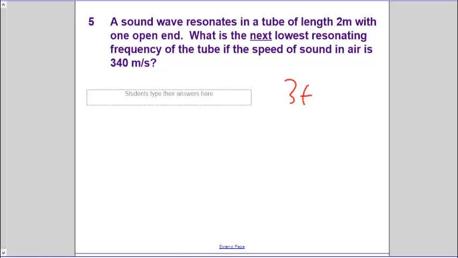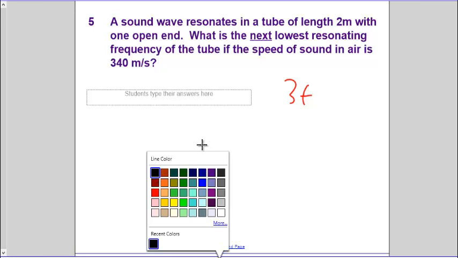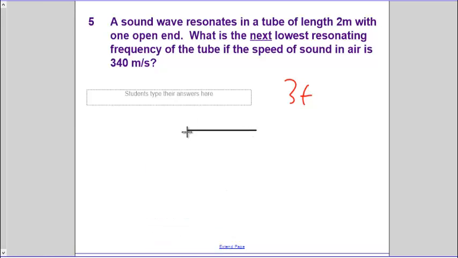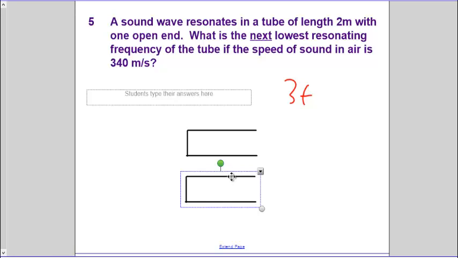Use your line function, and you can draw them like that. Highlight everything, hit Control G to group and duplicate, and that looks a lot prettier than what I did before.